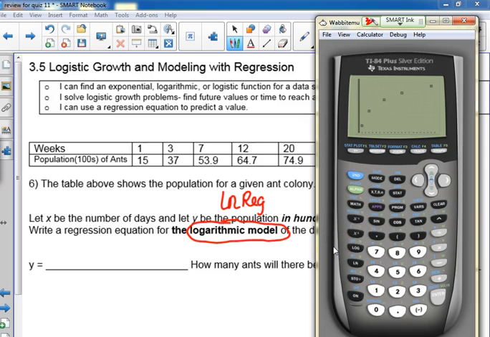Grows slowly. All right, so stat, right arrow down to which one? Number 9. Okay. List 1, list 2, no frequency list. I'm going to go ahead and store it. Oh, it looks like a really good fit.